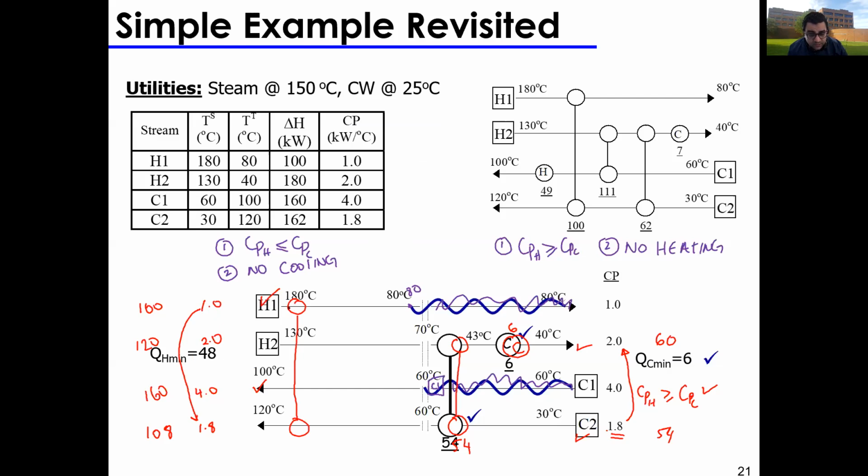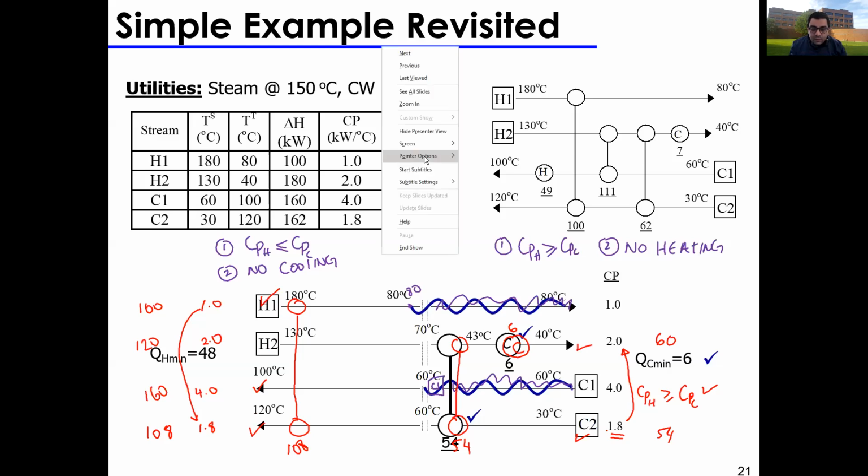This stream has 160. This stream needs 108, so this will be 108, and then I get rid of C2. It's satisfied, and in this case, H1 will still have some energy left. No, it's actually 100, right?